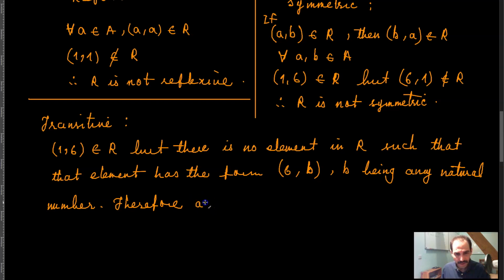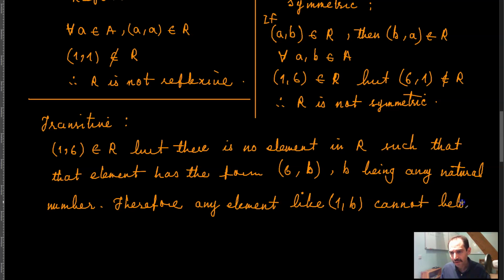Therefore, any element like 1, B cannot belong to R. And so basically R is not transitive.